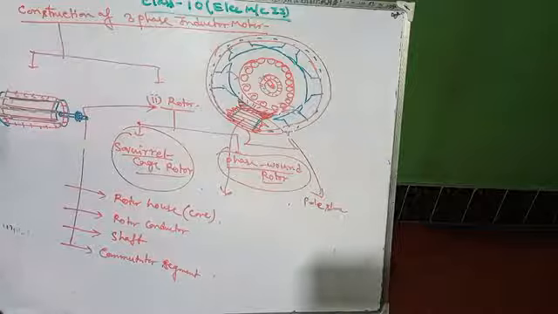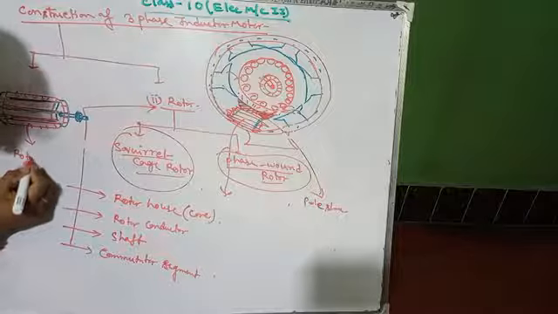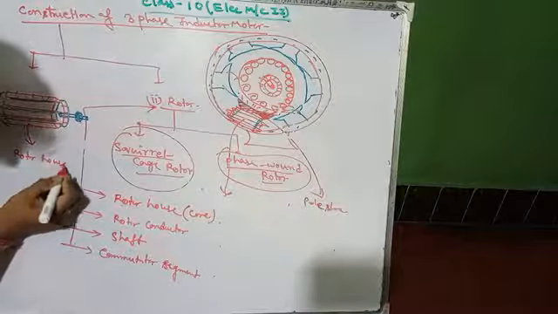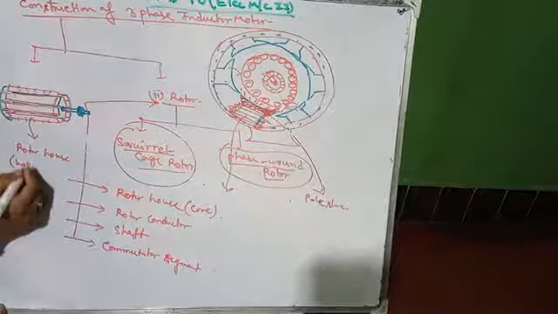So rotor consists of rotor house. This cylindrical section is called rotor house or rotor core. Okay. So it is a hollow cylinder. Rotor core is a hollow cylinder.